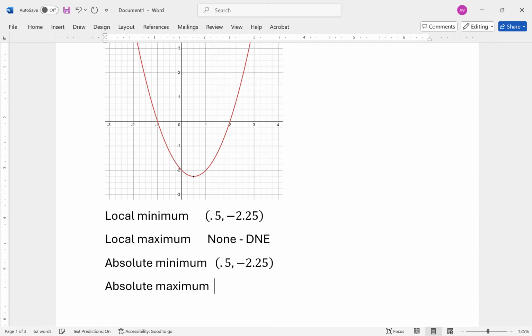There's no maximum because this graph shoots off to infinity on both sides. So since we can get as big of numbers as we want, we say that there is none for our absolute maximum, or another way to say that is our maximum does not exist.